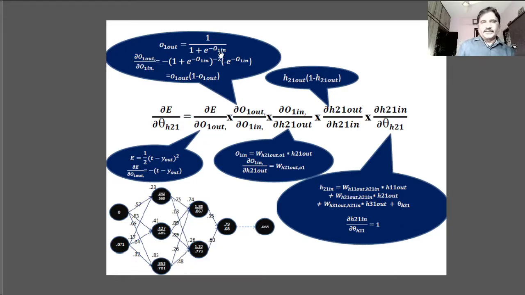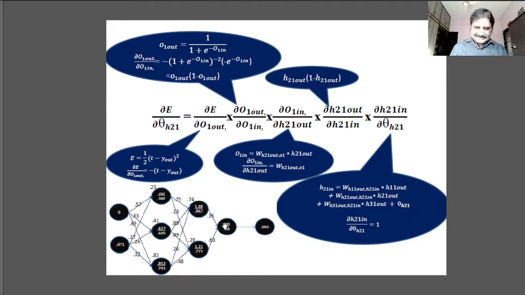O1 out we get from O1 in by processing O1 in by a sigmoidal function, and by differentiating we finally end up getting O1 out into 1 minus O1 out, that we have seen in detail. Now coming on to the next term, and that is O1 in with respect to H21 out. Now just look at it.